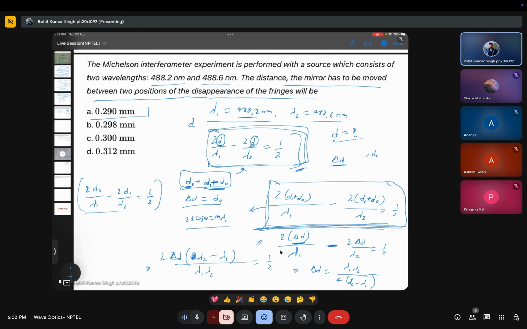What you get is 2d naught by lambda 1 minus 2d naught by lambda 2 equal to 0, right?